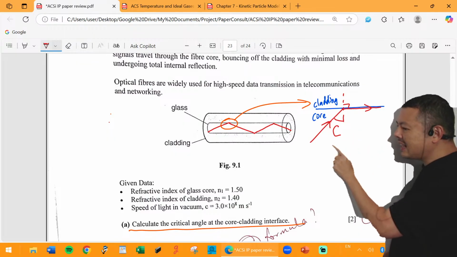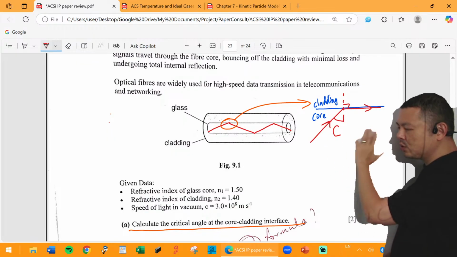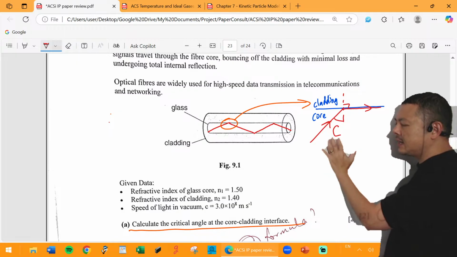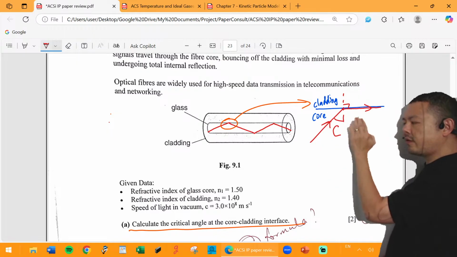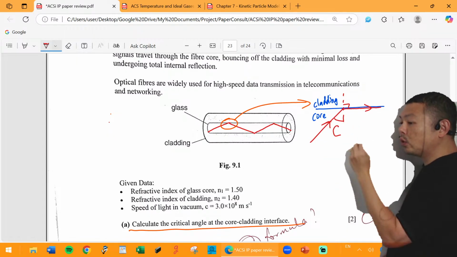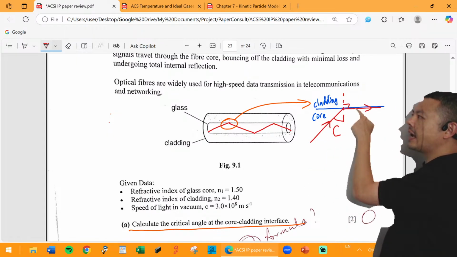Now to understand this, firstly, does anybody have doubts understanding this? Kobe, you understand this part? So to find the critical angle of the core-cladding, we follow the rules of critical angle. Angle of refraction is 90.